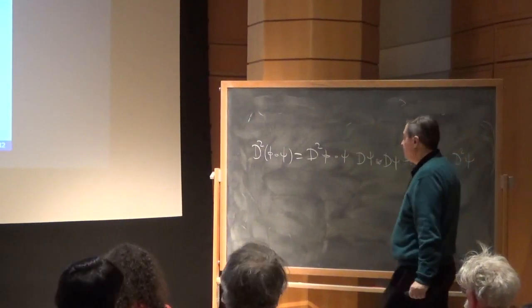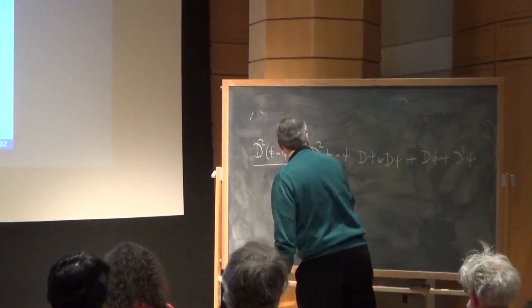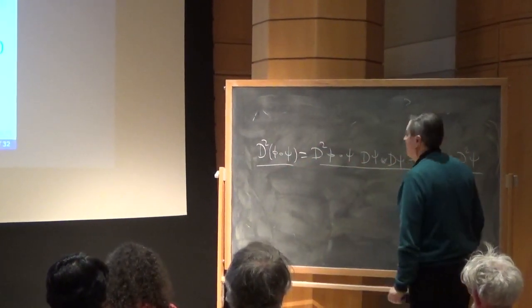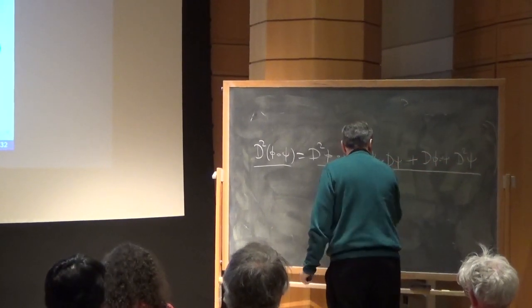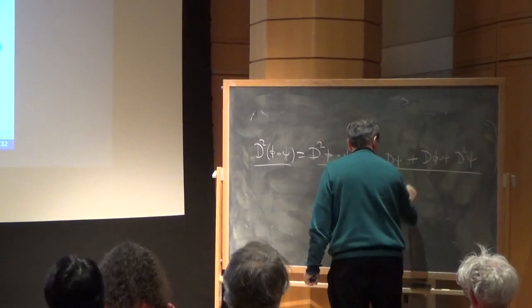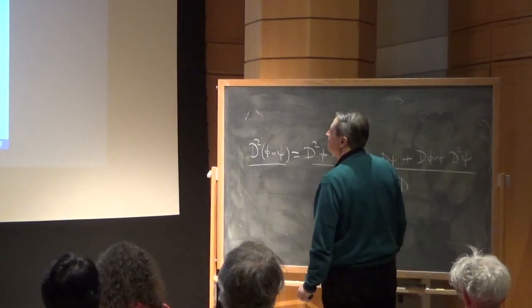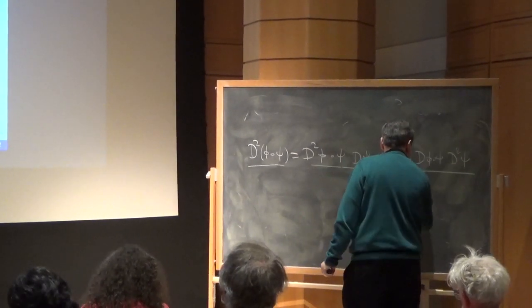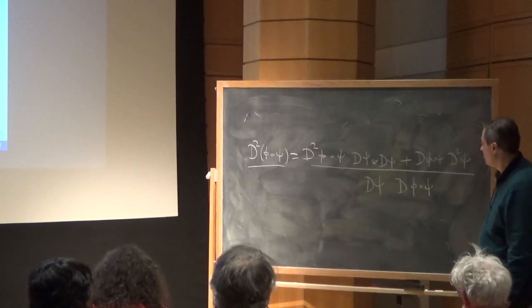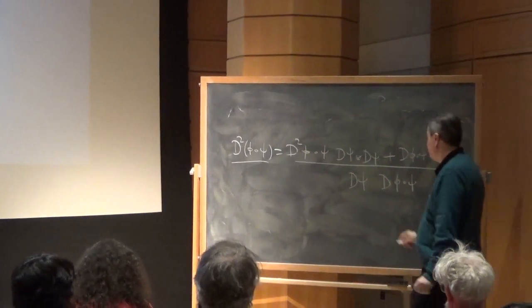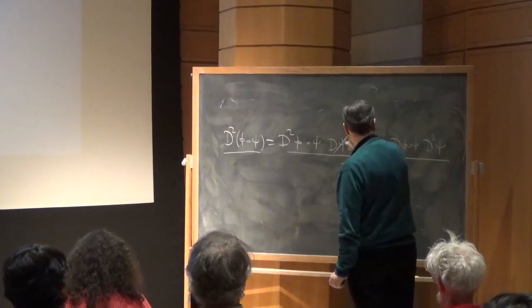I take this formula, I'm going to divide both sides by, let's see, I think I want to divide it by d phi composed with psi, okay? And then I cancel.